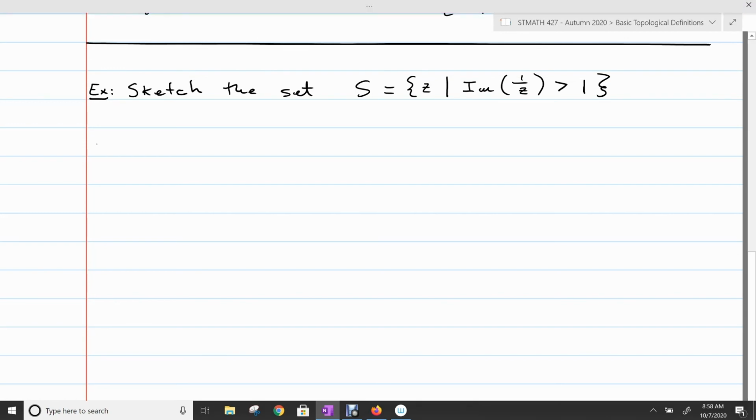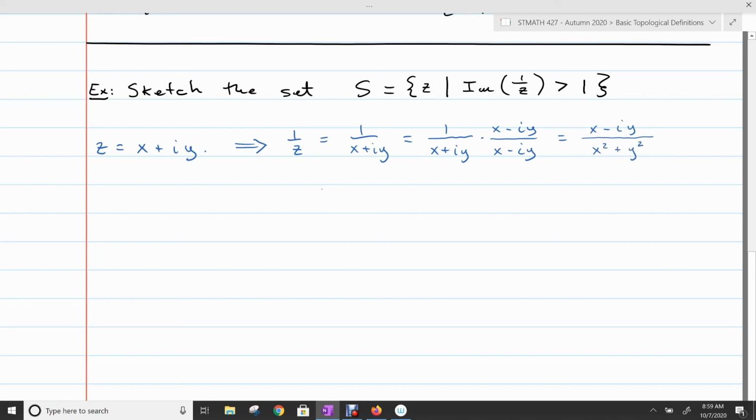So let's start just by taking z equal to x plus i times y. If that's our description of z, then we can look at 1 over z. Of course, that's 1 over x plus iy. And we can do the trick of multiplying by the conjugate, which, when you multiply all that out, you get x minus iy over x squared plus y squared.